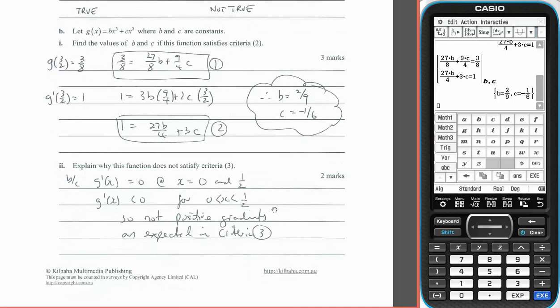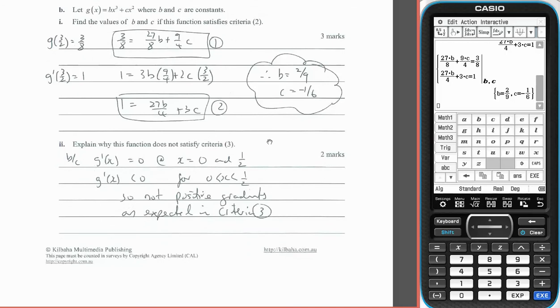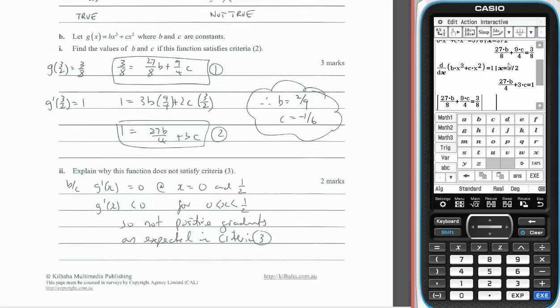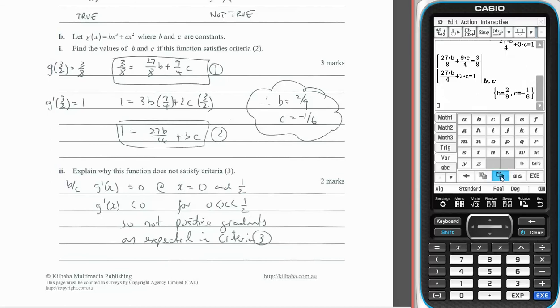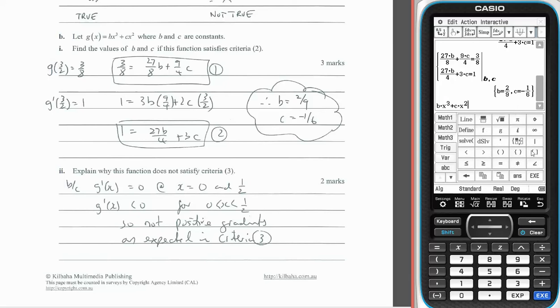Explain why the function does not satisfy criteria 3. Criteria 3 is that the gradient is always positive. So if I go back over here and copy and paste, given b equals this, and also given c equals this, this is my expression.